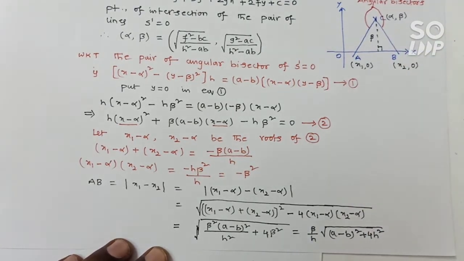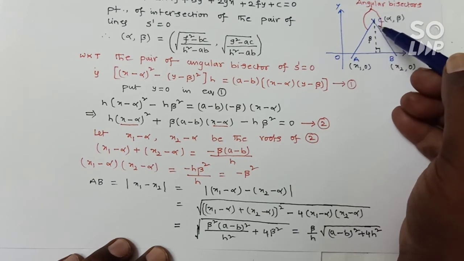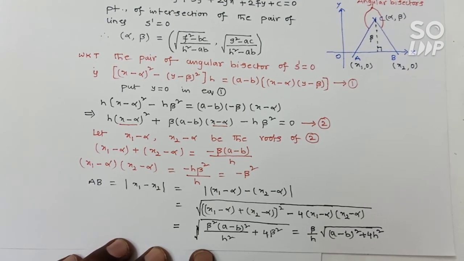Height of the triangle is equal to what? Height is nothing but this length, the perpendicular distance. This value will be equal to beta. So totally the area of the triangle will be half into base into height.